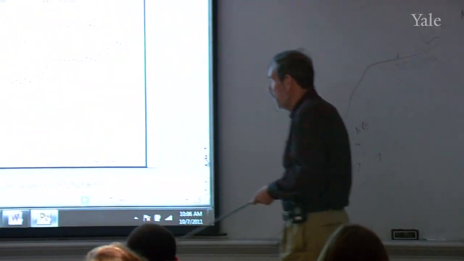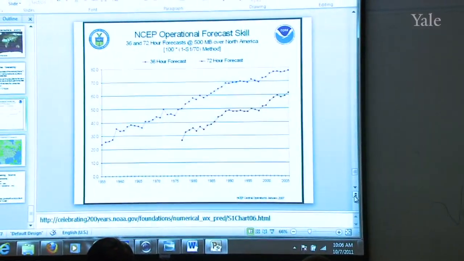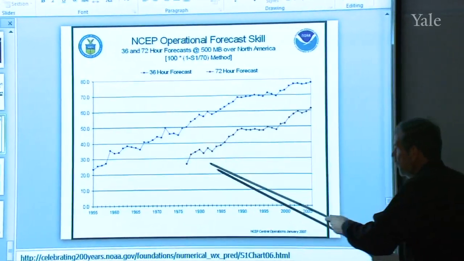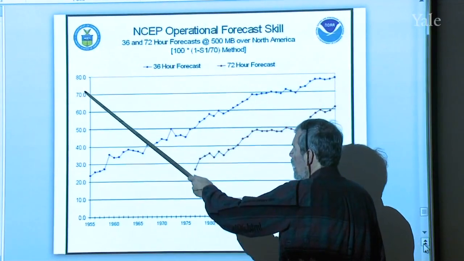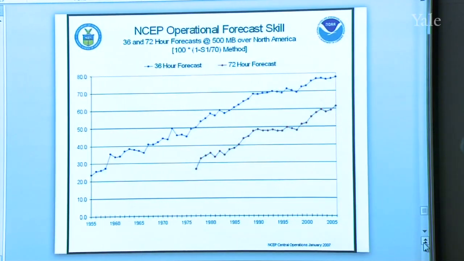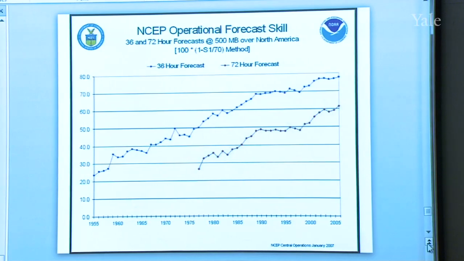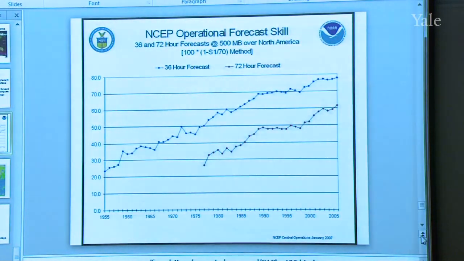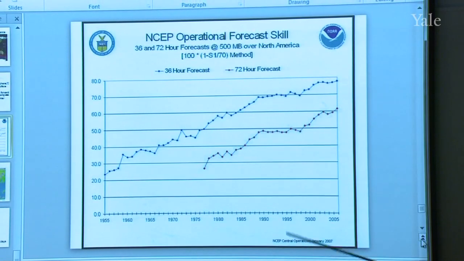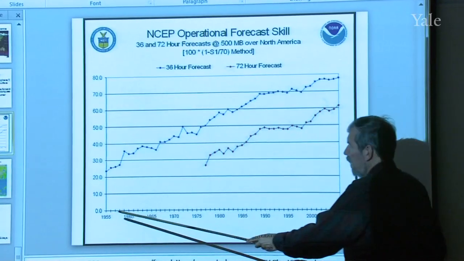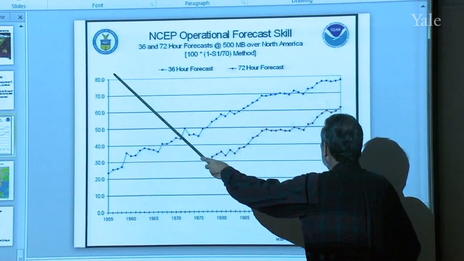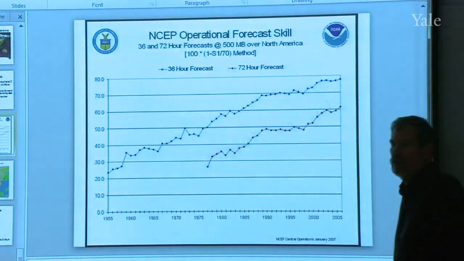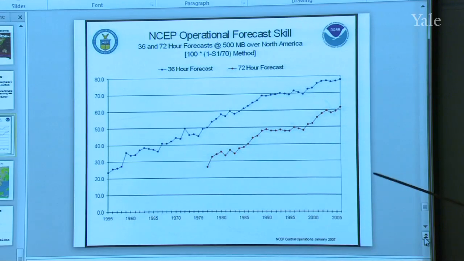Now, here's a diagram put out by the National Weather Service, so maybe a little bit biased, but it's very statistical. They define a skill score. I don't have the mathematical form of that to give you, but it's some kind of a measure of the quality of the forecast, how accurate the forecast was compared to what actually happened. It's plotted on a scale from 0 to 100, where 100 would be a perfect forecast, perfect in all respects.